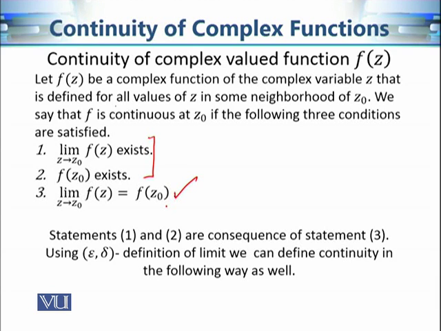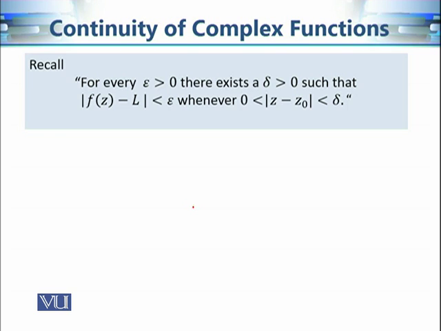So sometimes we can just consider this third part as the definition of continuity. In the third part, we are calculating the limit of the function, and if this limiting value is equal to the functional value at that point, then the function is continuous.